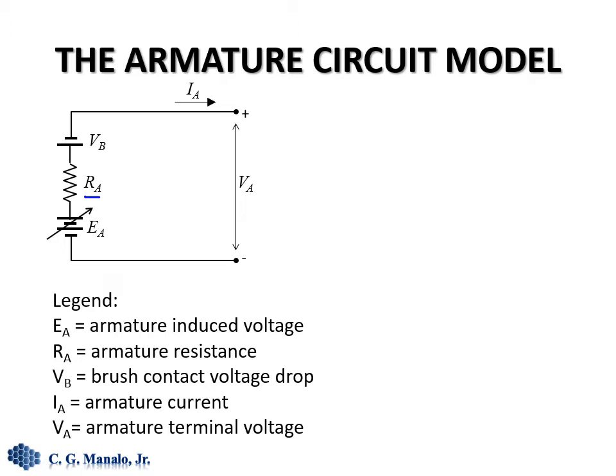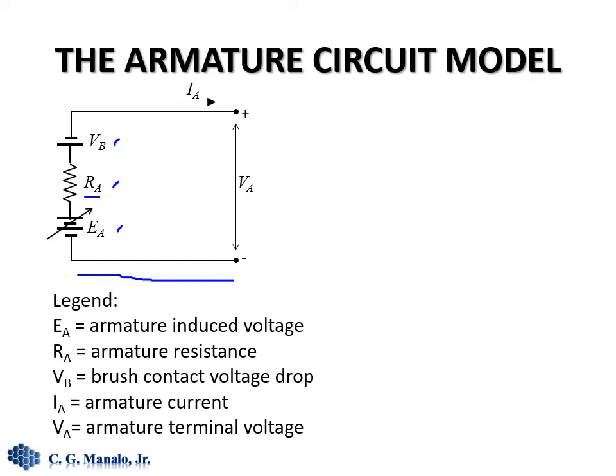So all of these components are thought to be connected in series. The voltage that is being generated, EA, and R sub A are in series because they are inherent to the coil. V sub B, caused by the carbon brush, is also connected in series to the coil. So thus we can model the armature circuit as this drawing.